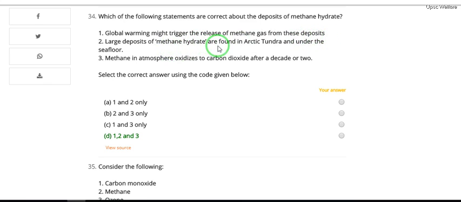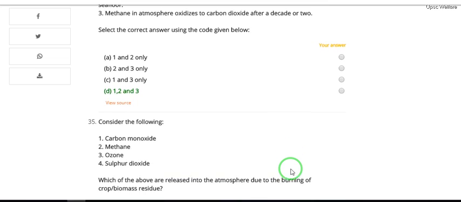Of course, larger deposits of methane hydrate are found in the Arctic tundra and under the sea floor. It's going to be correct. And also methane in the atmosphere oxidizes to carbon dioxide after a decade or two. So 1 to 3, all are going to be correct here.